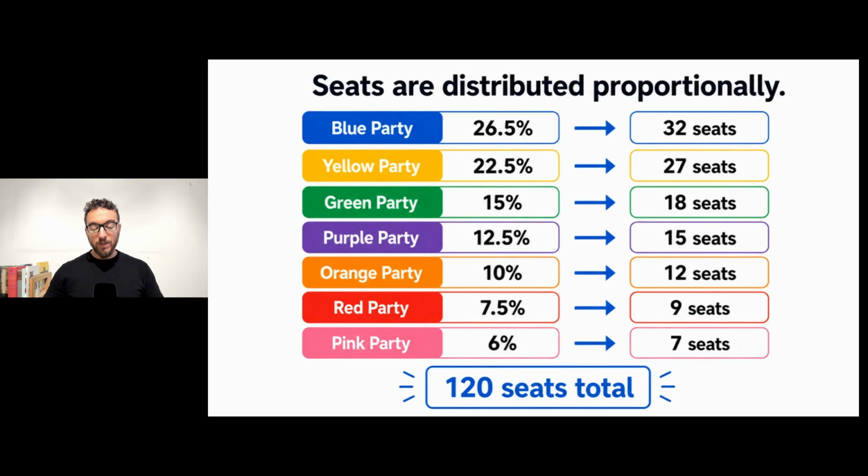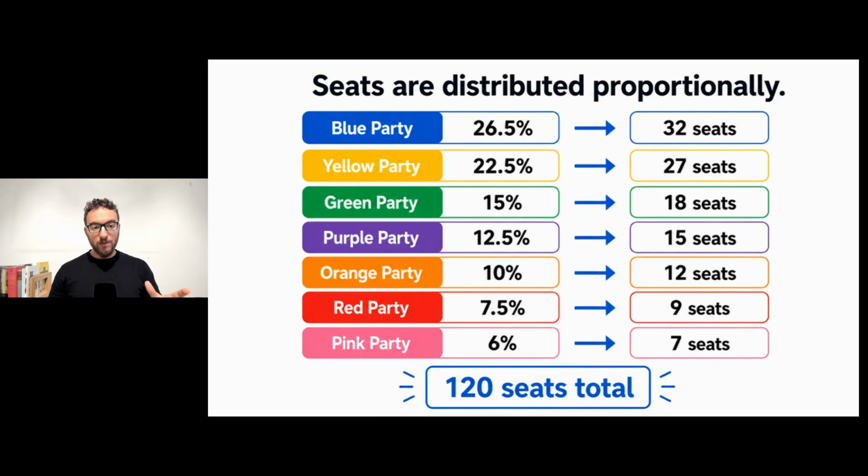Now, it's important to point out that the seats are given out proportionally. So there's no concept of geographical dividing up. Israel isn't divided into different electoral sections. It's all one vote, and it's all one system. And the amount of seats that each party is going to get is in proportion to how many of the valid votes they got.